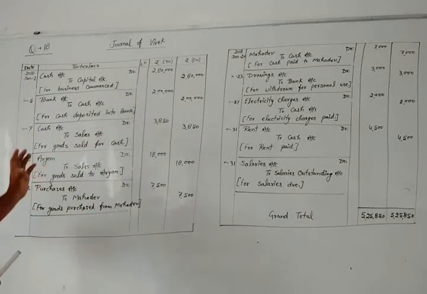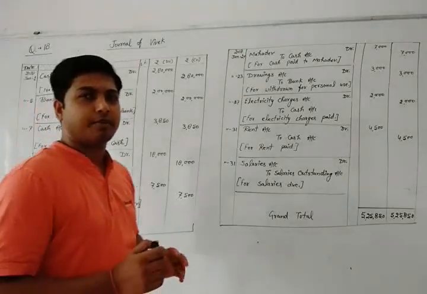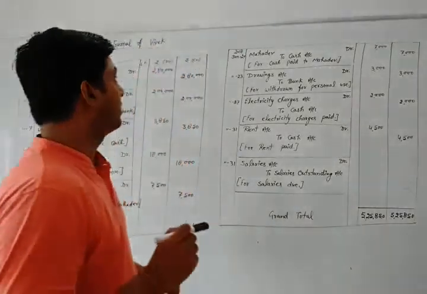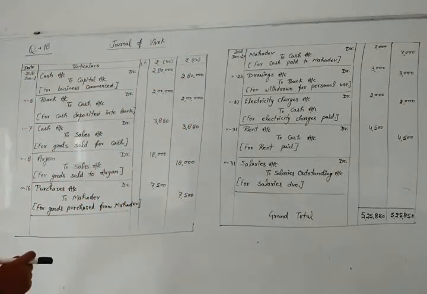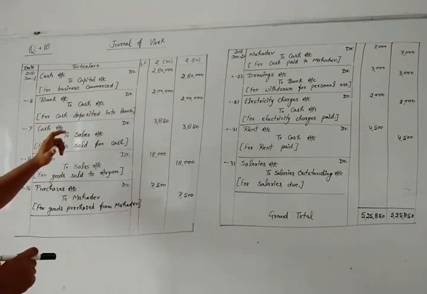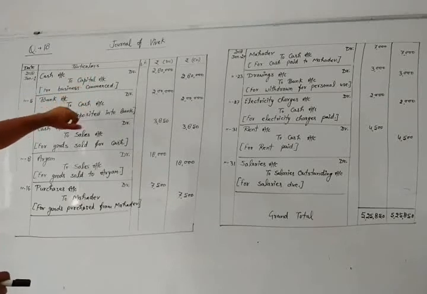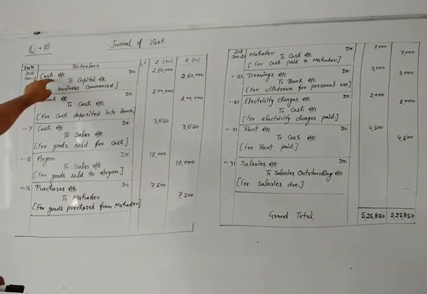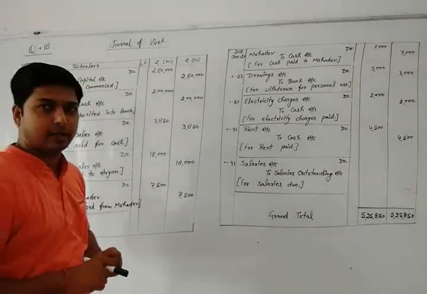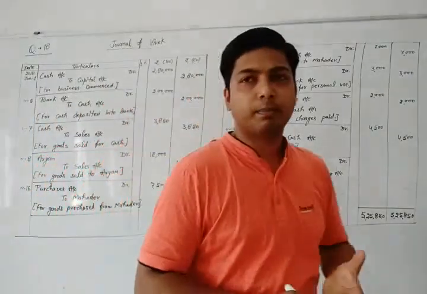The first entry, according to your question, the transaction is saying started business with cash. Whenever the business is started with cash, the investment of cash would be there in the business. It means what comes in business, that is cash. So the entry would be cash account debit to capital account. Here cash account is a real account which comes in business, and capital account is a personal account belonging to a person.